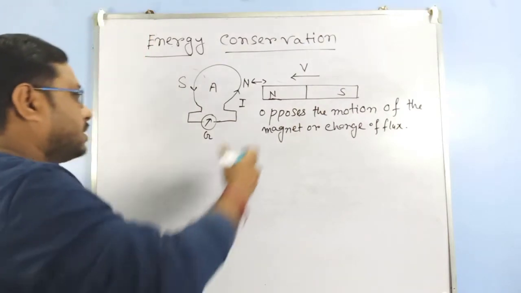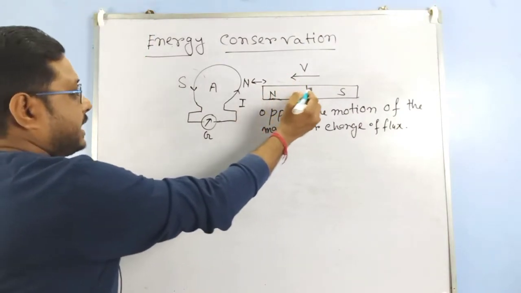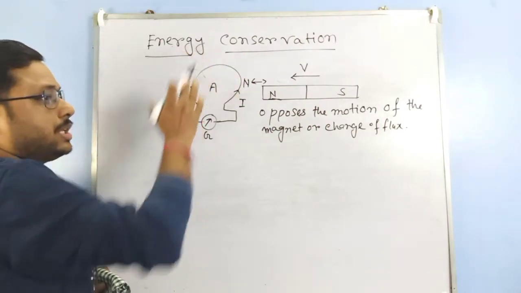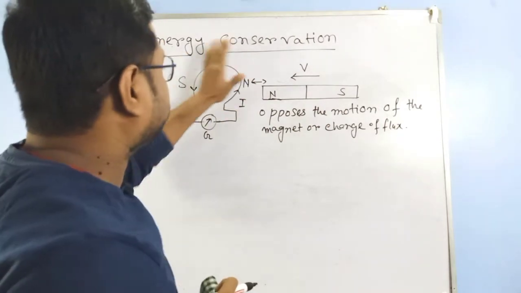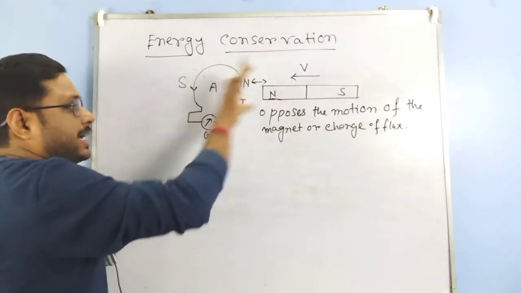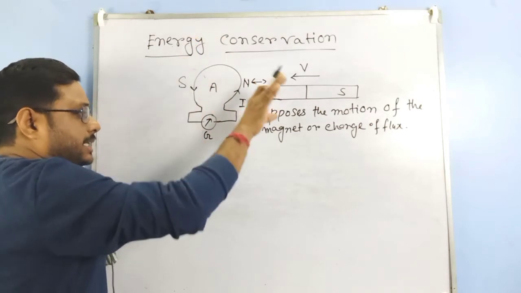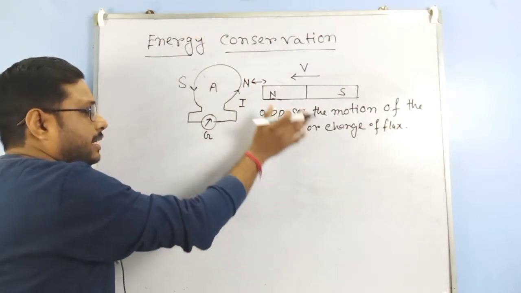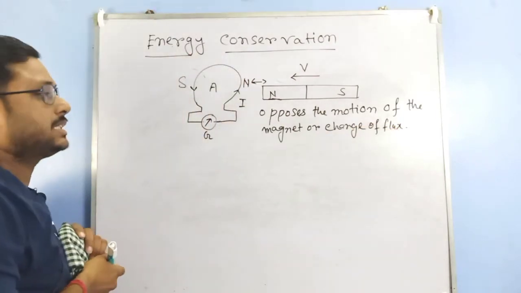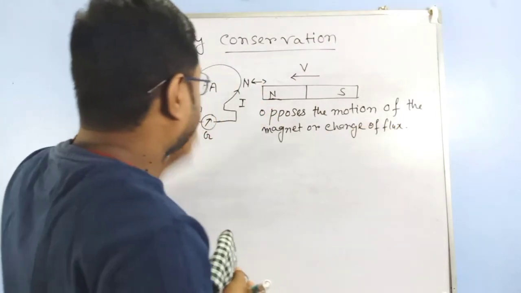Because if the magnet is moving towards the coil, flux will be increased through the coil. So current is set up in such a direction that it opposes the motion of the magnet to decrease the change of flux, or decrease the number of field lines.